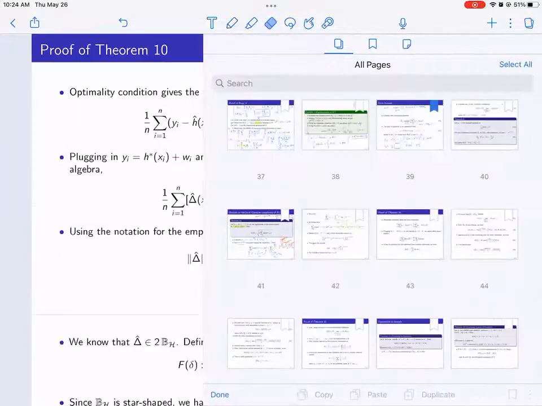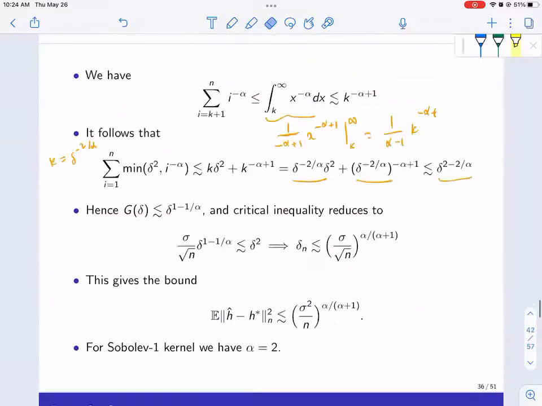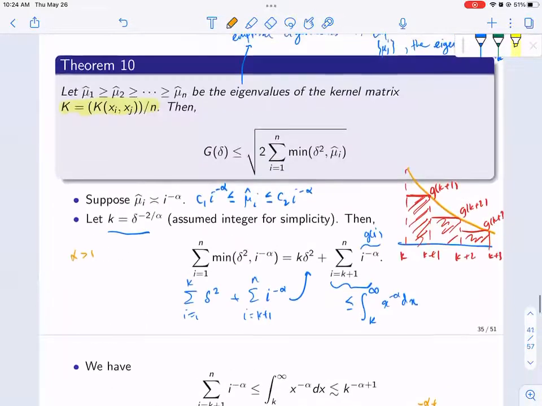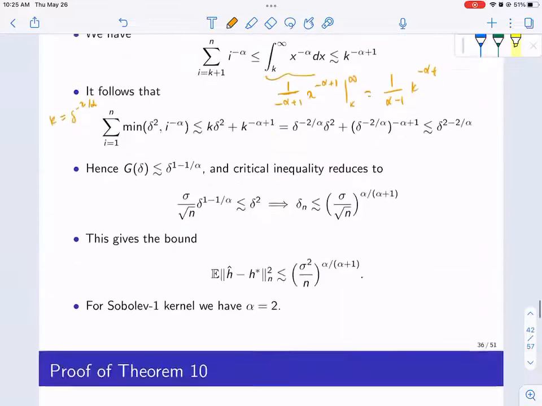So that's our bound. What this result is saying is that G delta is bounded up to constants, ignoring the constant, by this, because I have to take the square root. Taking the square root of this would give me that from the result, right?